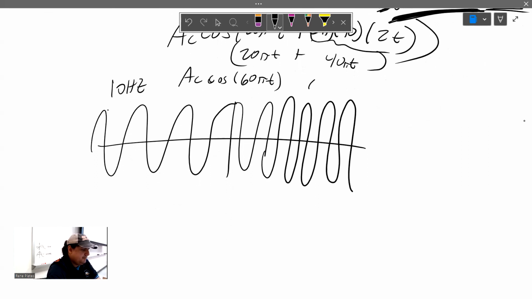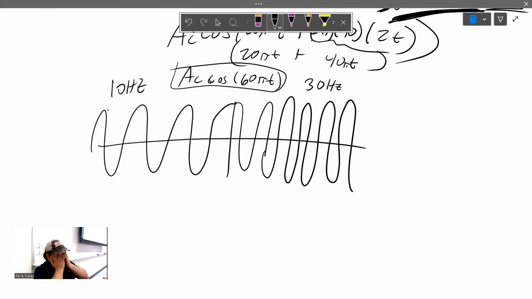Okay, 60 hertz. Shift 30. 30 hertz, sorry. So that's the output of the frequency modulator.